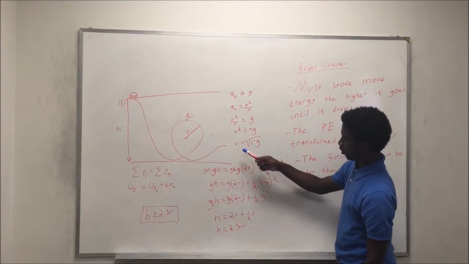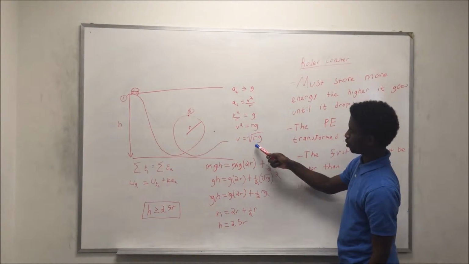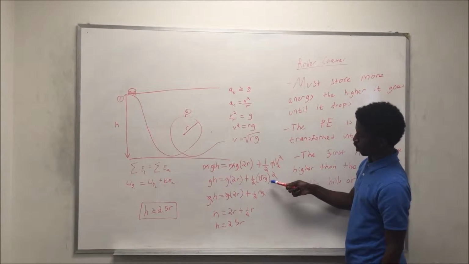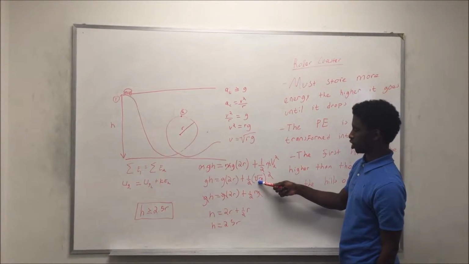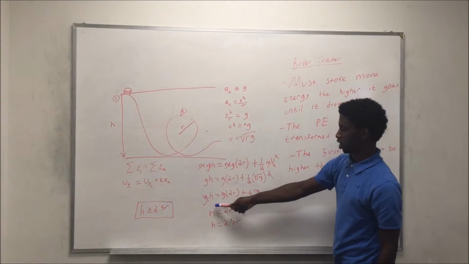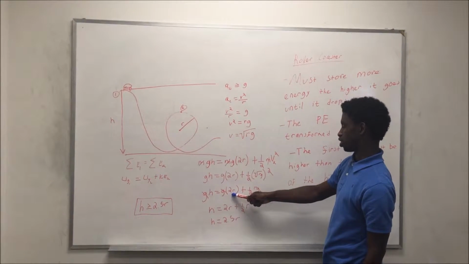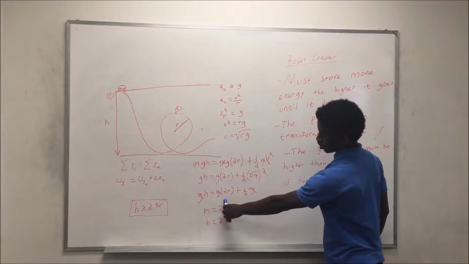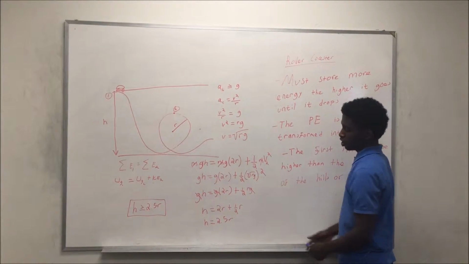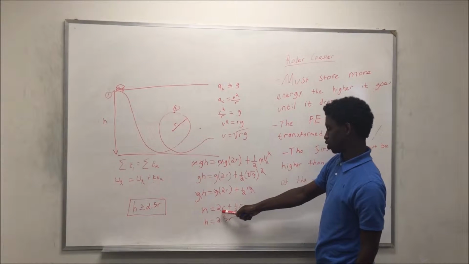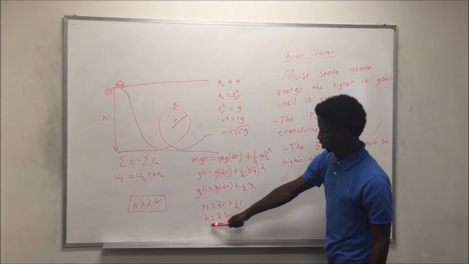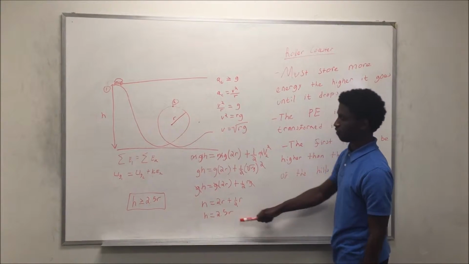We substitute v as the square root of rg, and then we square the square root of rg, and we get gh equals g times 2r plus 1/2 rg. g is a factor of both, so we can cancel those out. We're left with h equals 2r plus 1/2 r, so h is equal to 2.5r.